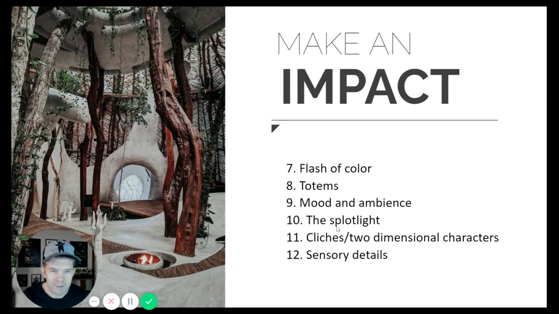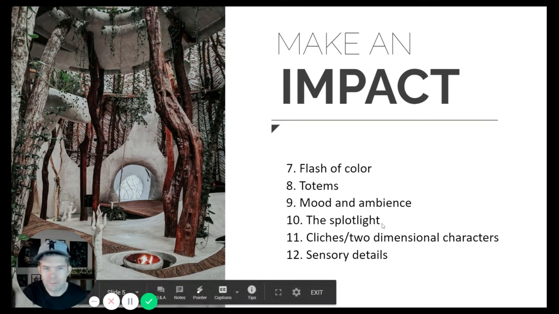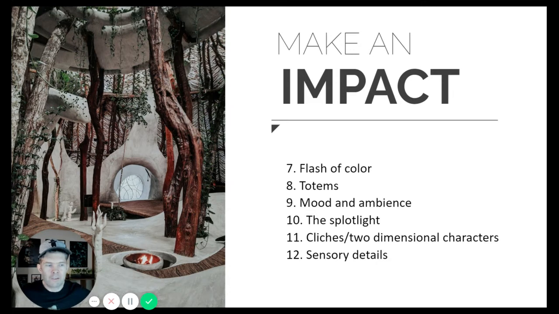I just noticed here I have "spotlight" misspelled on the slide. That's a typo. My point was, depending on the background and the mood and the lighting and even the objects that are present in the scene, you can make readers feel the way that you want them to feel.